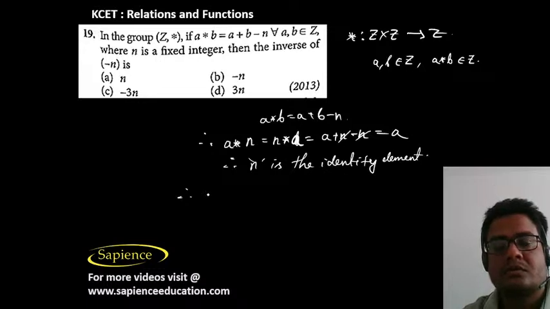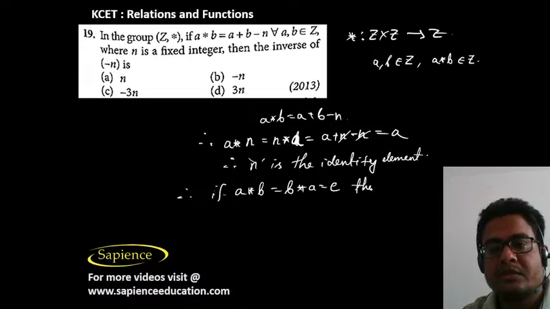So therefore you have to find the inverse of minus n. If A star B is equal to B star A is equal to the identity element e, then we can say that B will be called the inverse of the element A under the operation star.